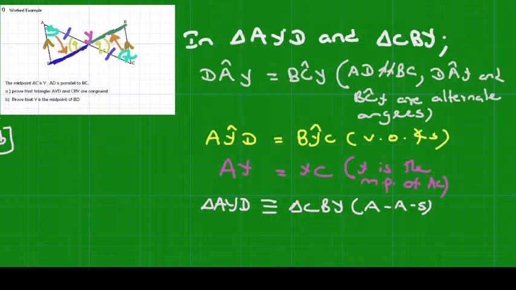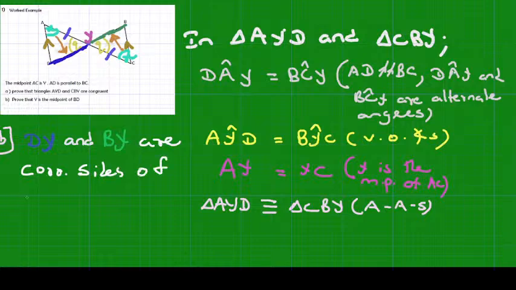So DY and BY are corresponding sides of congruent triangles.